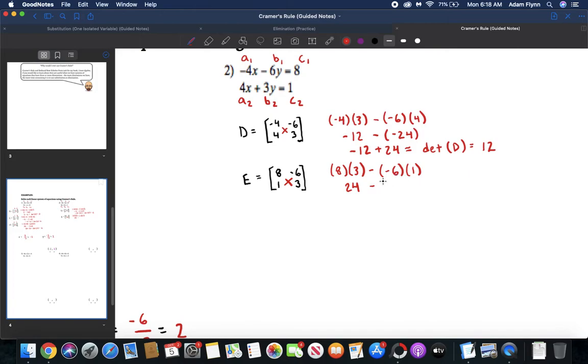Minus negative 6 times 1 is going to be negative 6. 24 minus negative 6 is the same thing as 24 plus 6, which is going to be 30.